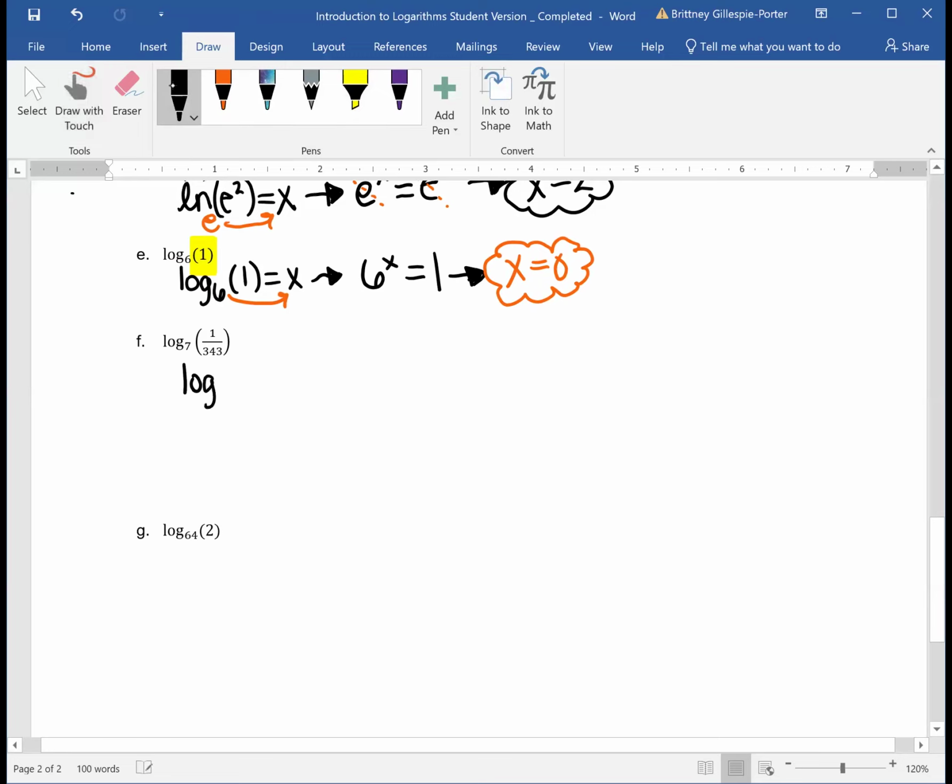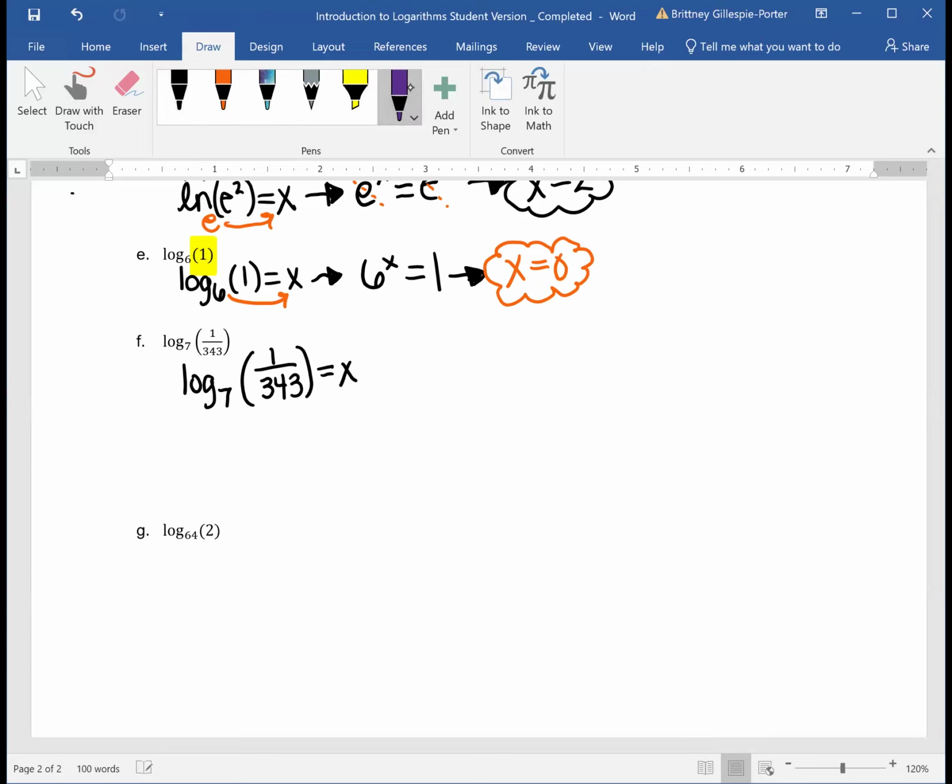Next one, we have log base 7 of 1 over 343 equal to x. Go ahead and rewrite this as an exponential. We get 7 to the x equal to 1 over 343. And we're going to use our exponent rules. We want to rewrite the right-hand side to have the same base as the left.